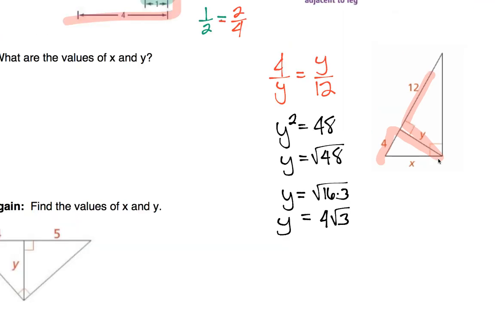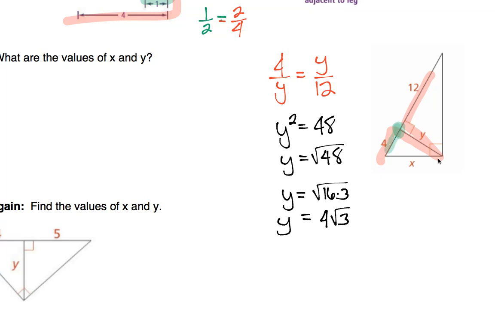All right, let's go after x. X is over here, so x is going to be compared with this 4. If x was over here, we'd be comparing this to the 12. So we're going to do the boomerang motion. So the person's throwing the boomerang at the bottom here at the altitude.